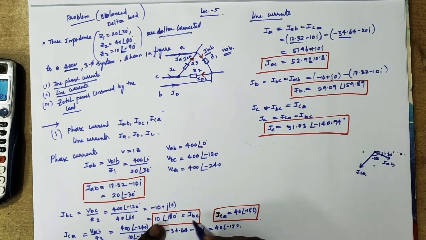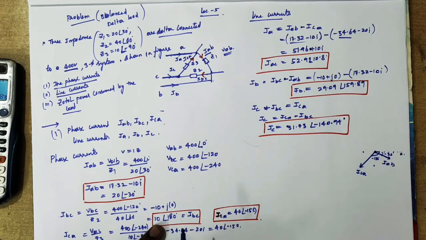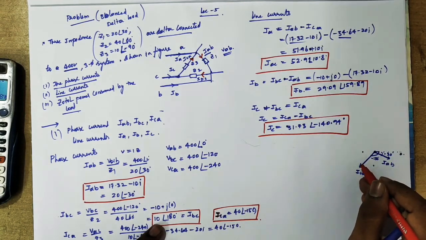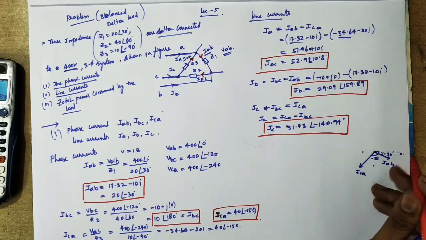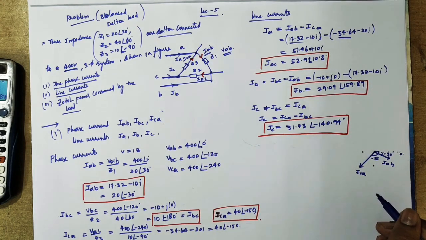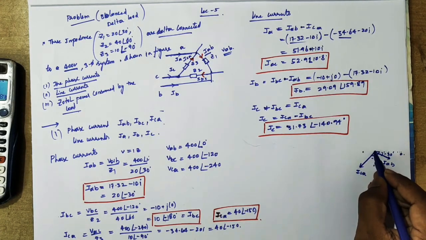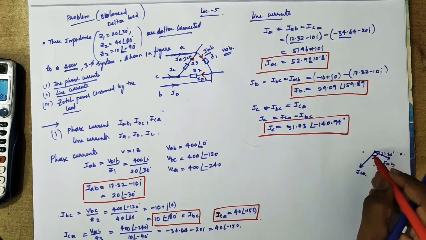At an angle of 180 degrees. So this is 10, this is minus 180 degrees, and this is IBC.